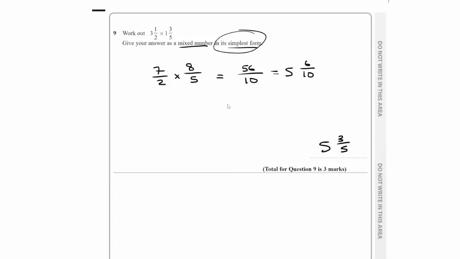Yeah, so Sean, you can't do that because you see how, if we did that, let's say you get 3 times 1, which is 3, and then if you multiplied the fractions, you'd get 3 and then 3/10. Do you see how that's not the same? So you can do it when you're adding and subtracting. You can add the two whole numbers separately or subtract them separately, and add and subtract the fractions separately if you want.